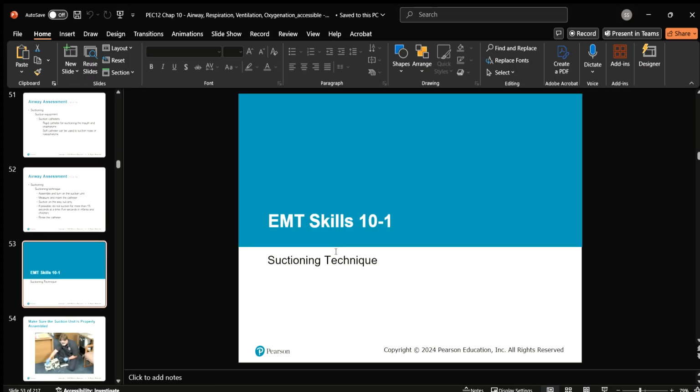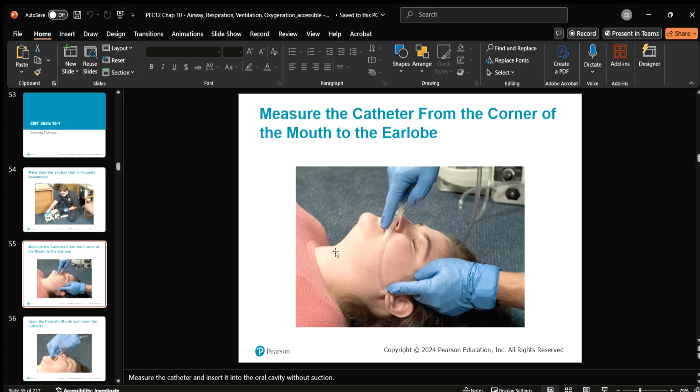I want to move down to the photos. Here's something that a lot of people forget and miss. You should measure the tube that you're placing into their mouth, the Yankauer tube. Just like you measure an OPA, corner of the mouth to the tip of the ear, we should measure this.